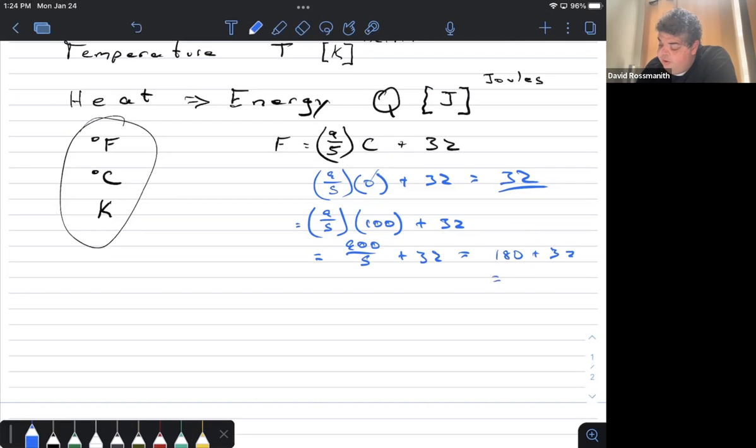And 180 plus 32 is 212. And indeed, water in Fahrenheit boils at 212 degrees. So this is the conversion factor. If you know the temperature in Celsius, you can get Fahrenheit by doing this little calculation.